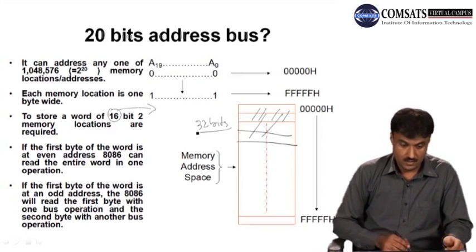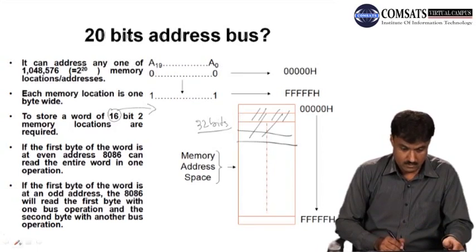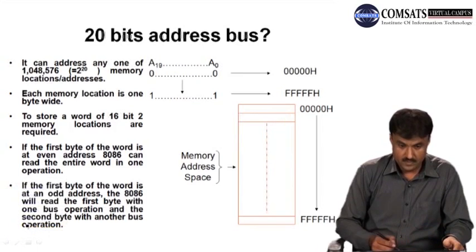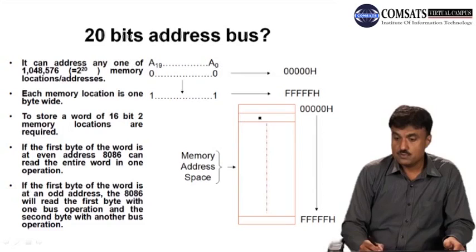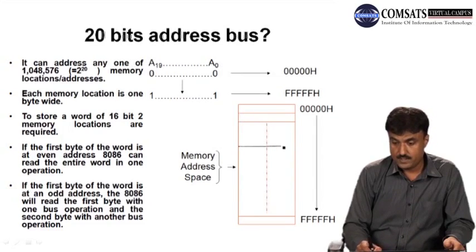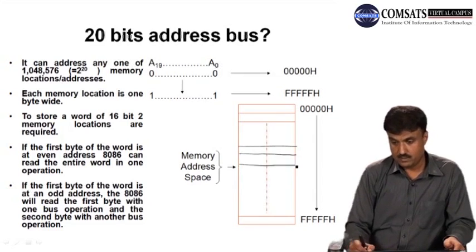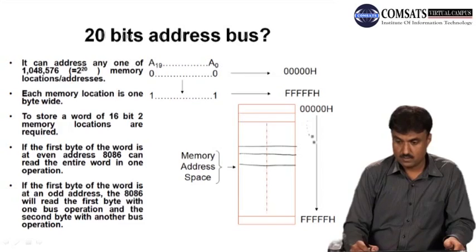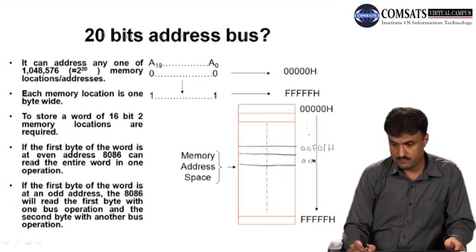I will give you one example. Suppose you stored your word here, for example, I will write the memory locations: 000F0 and 000F1, this is in hexadecimal, and another location is 000F2 in hexadecimal.